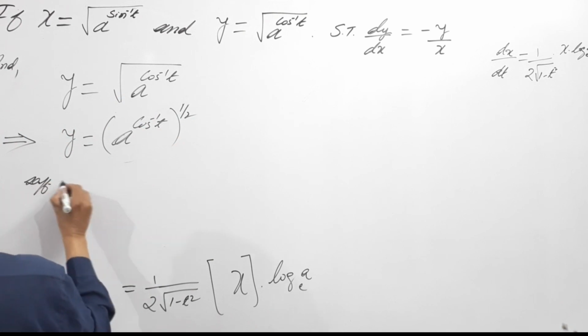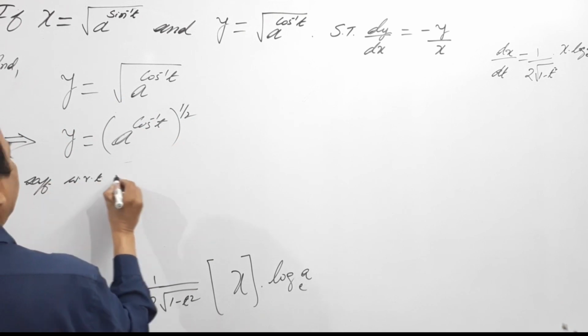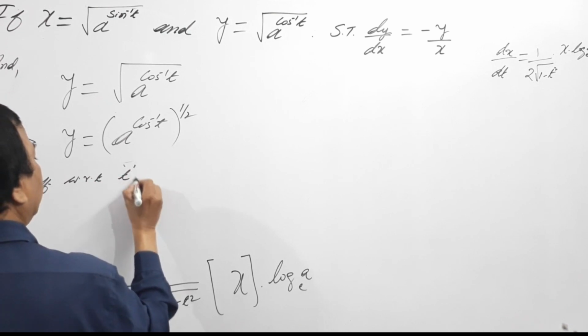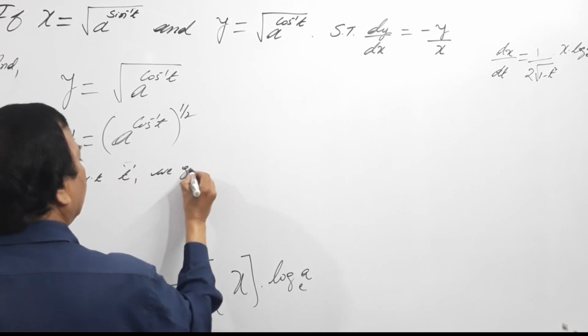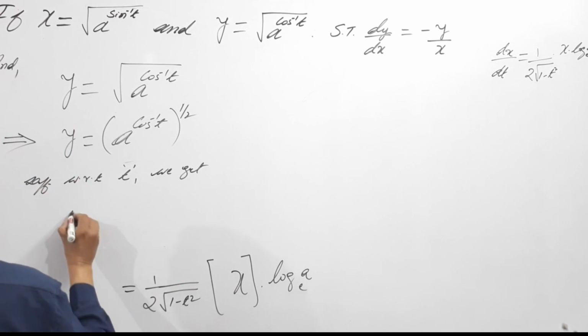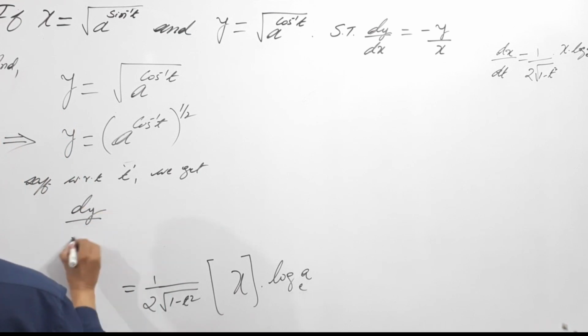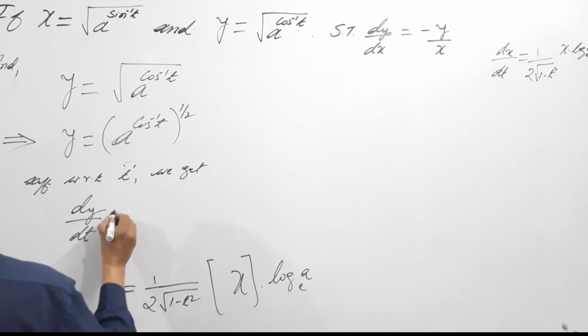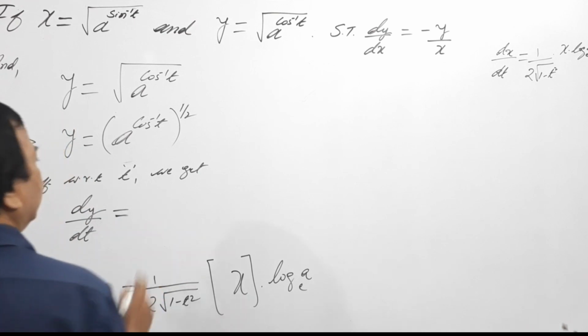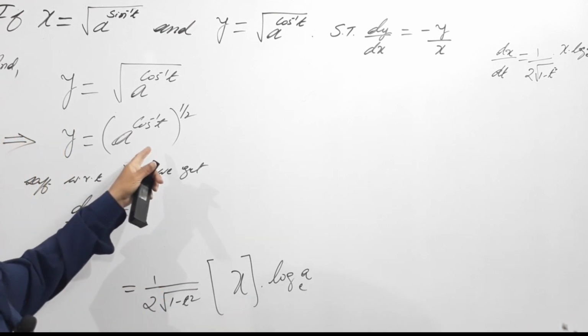Differentiating with respect to t, we get what? dy by dt equals to what? So this is of the type x to the power of n.